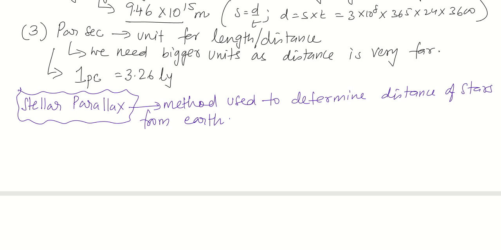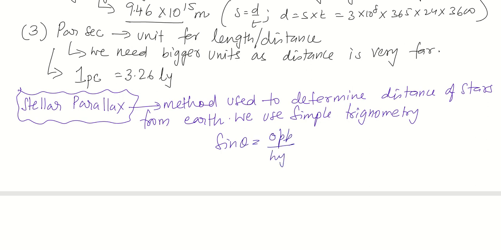So we take help of trigonometry in mathematics. We use simple trigonometry because we know that sine theta is equal to opposite by hypotenuse.